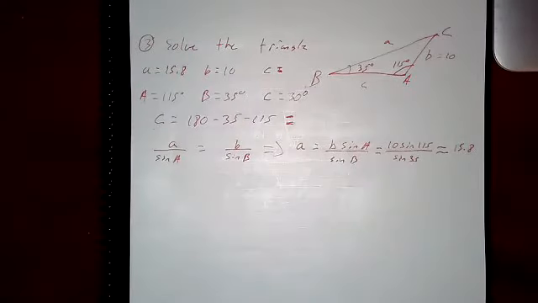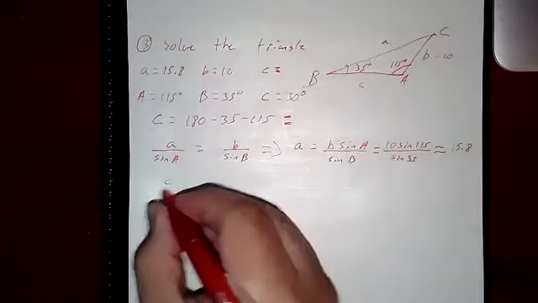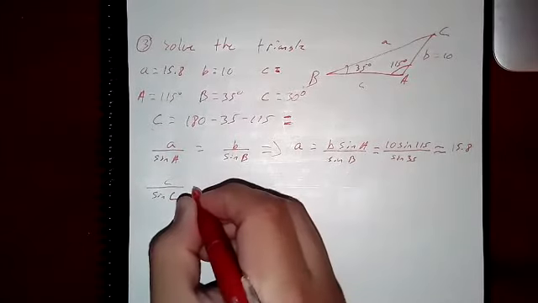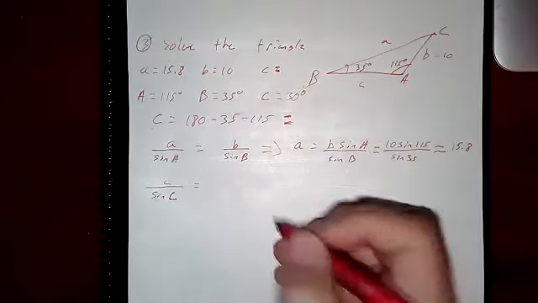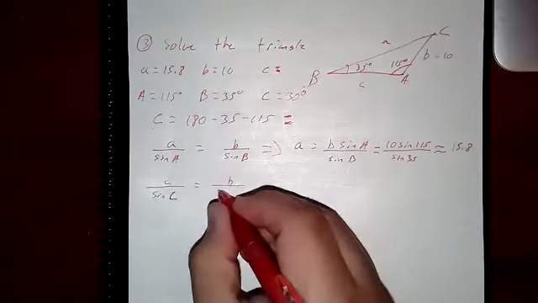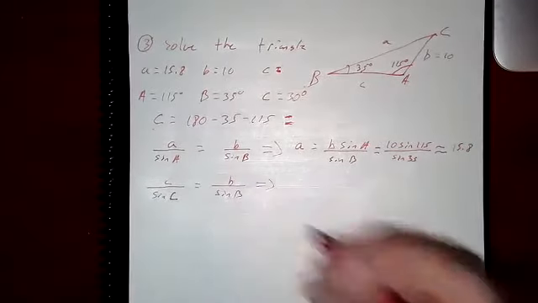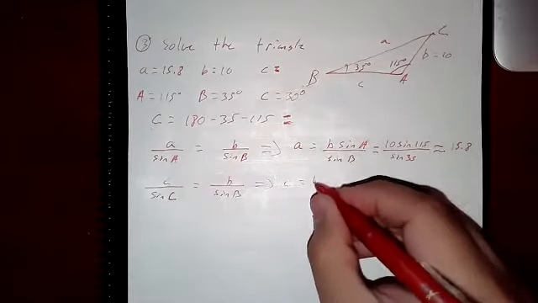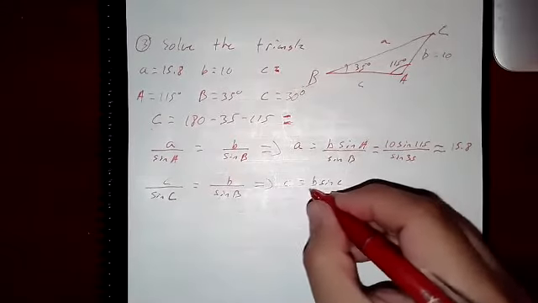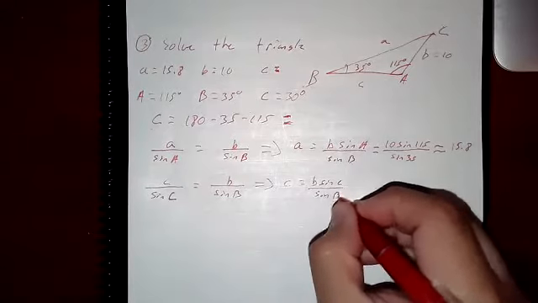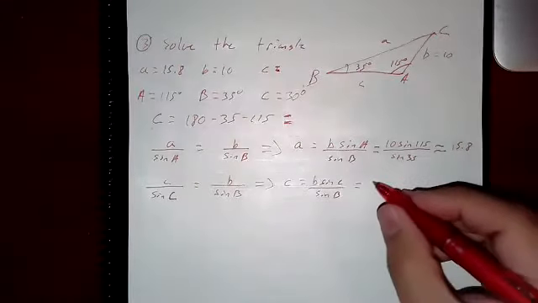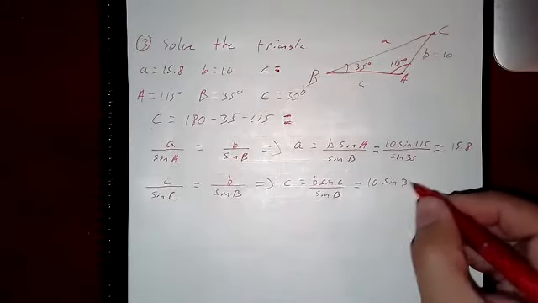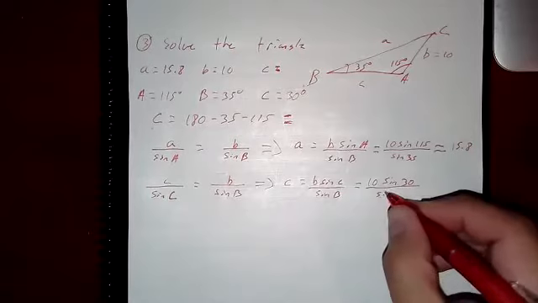Okay, and that's the same thing for lowercase c. So solve for little c. That'll give us b sine C over sine B. Plug it all in, it'll be 10 sine of 30 over sine of 35.